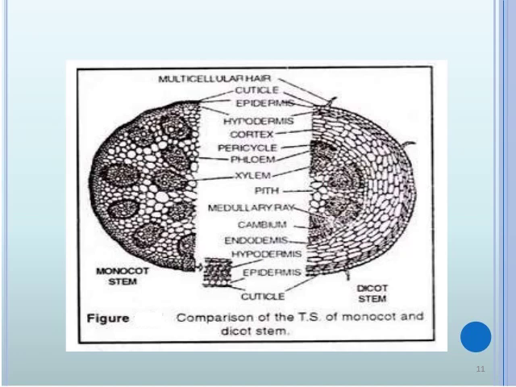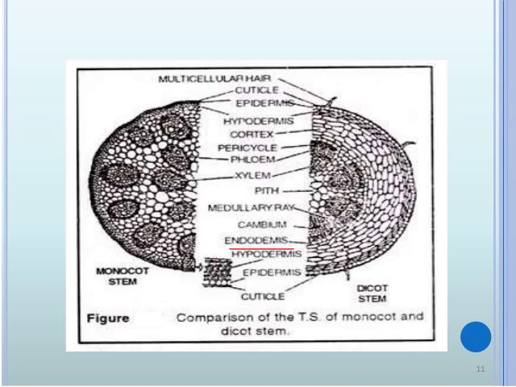It is not differentiated into cortex and pith. So ground tissues are majorly composed of parenchyma cells in monocot stem. In addition to this, in dicot stem, endodermis is present, as clearly indicated here. It is present in dicot stem, while it is absent in monocot stem.